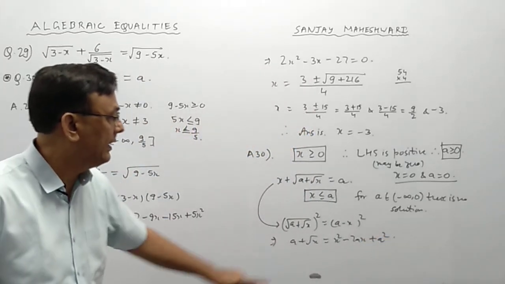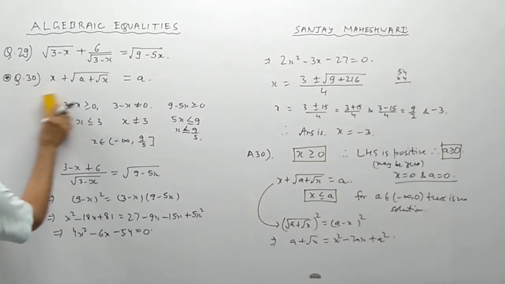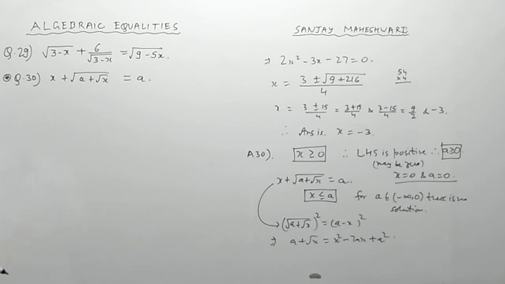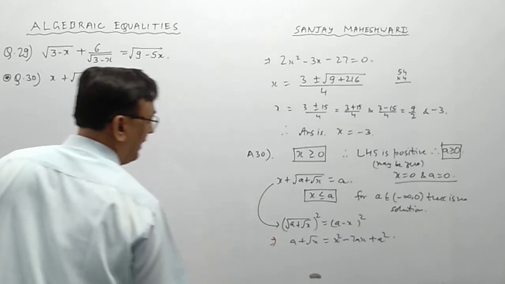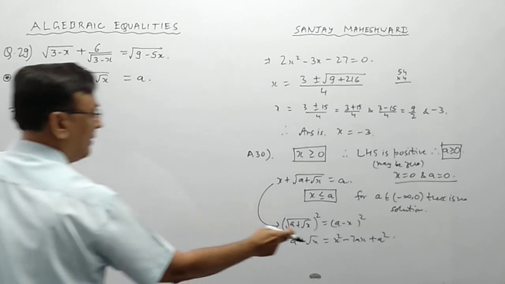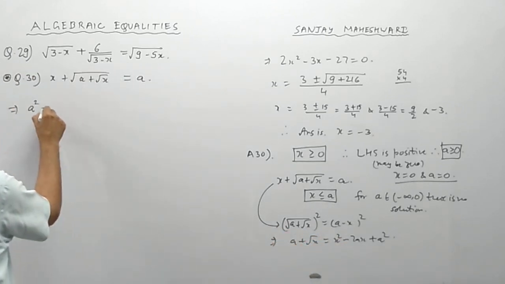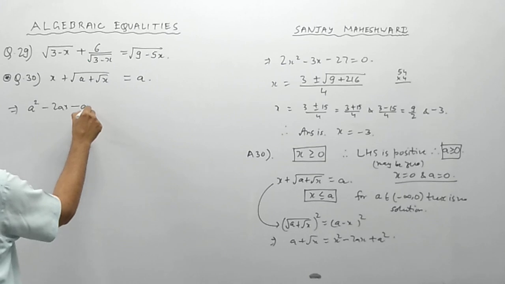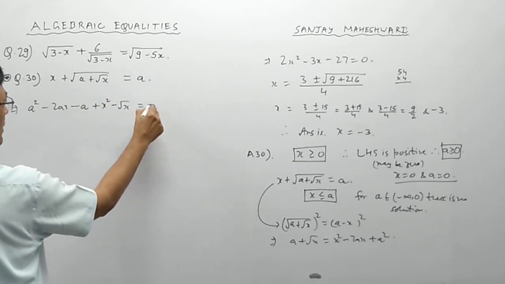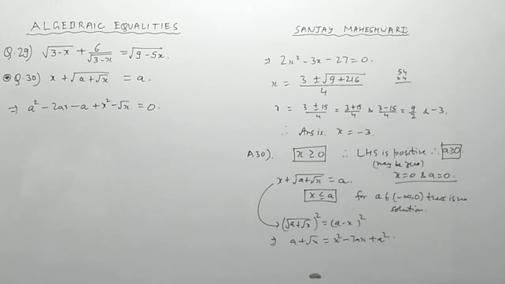Now we will go ahead with this. You will notice that this is a quadratic in a also. So we will write it like this: a square minus 2ax minus a plus x square minus root x equal to 0.